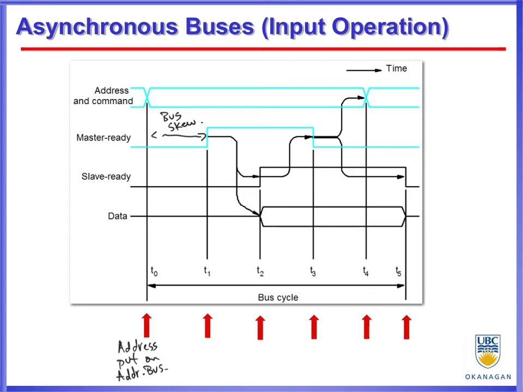You don't want to tell all the devices that there's a valid address on the address bus before all the devices have received it. Now, there's many devices connected to the address bus. Some of them will be closer to the processor, some will be farther away. So the propagation time will vary.